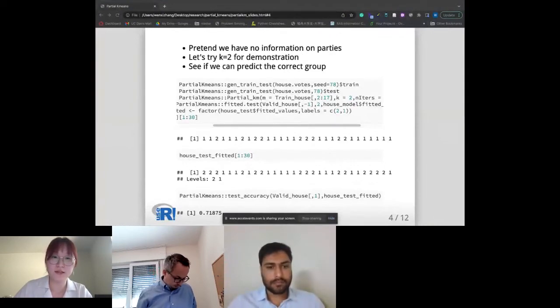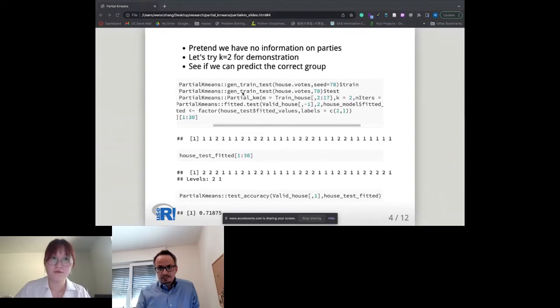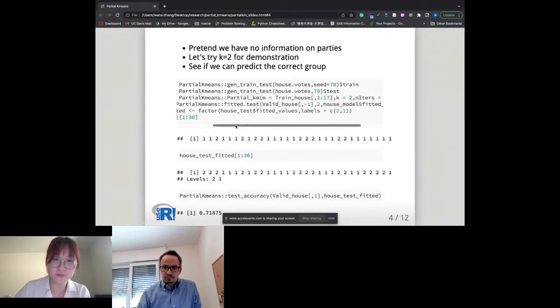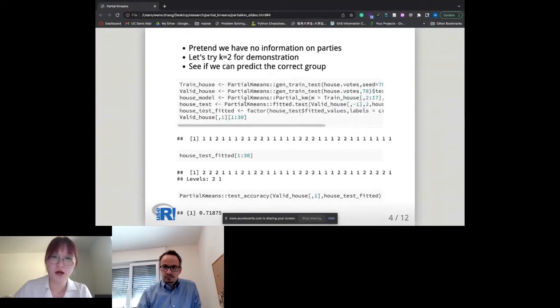Next, let's run our k-means algorithm to see if we can predict the correct group. First, we generate the training dataset and the test set. And then we run the training set on the partial k-means algorithm.